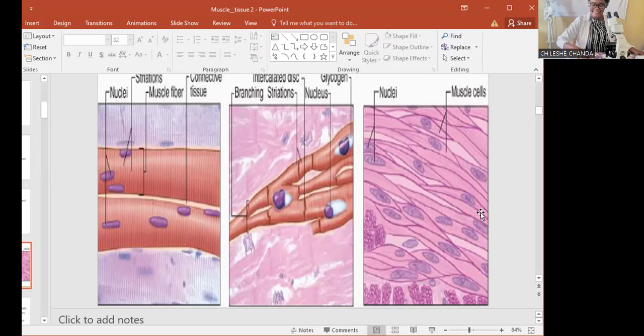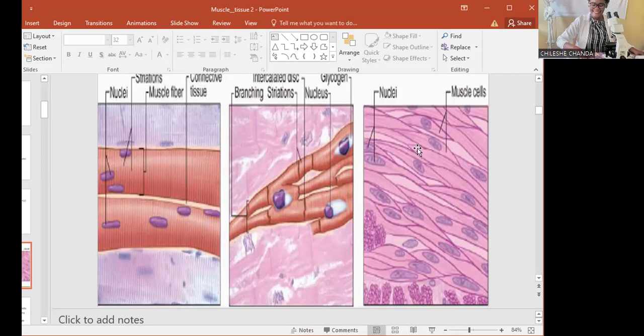If you look at this muscle, it is spindle shaped, sharper in the ends. It will appear thicker in the middle and sharper and smaller in the sides. So it is not striated, it is spindle shaped.